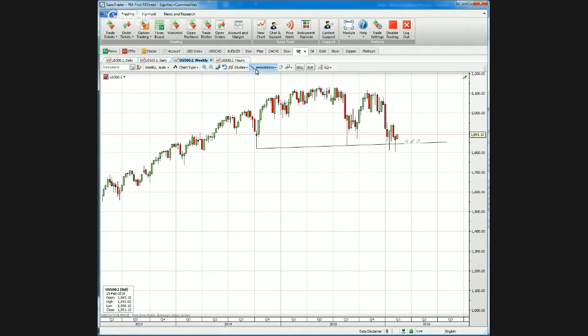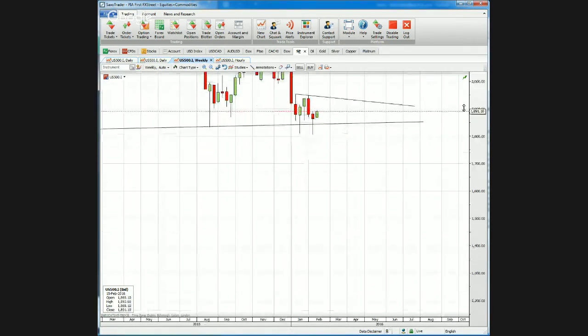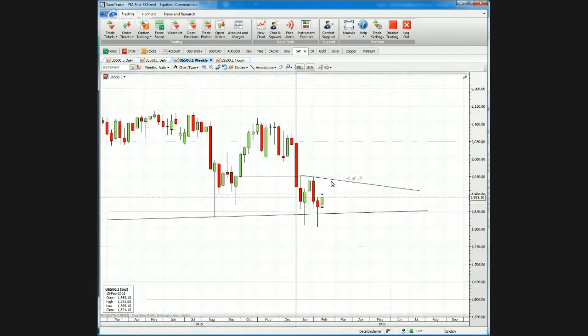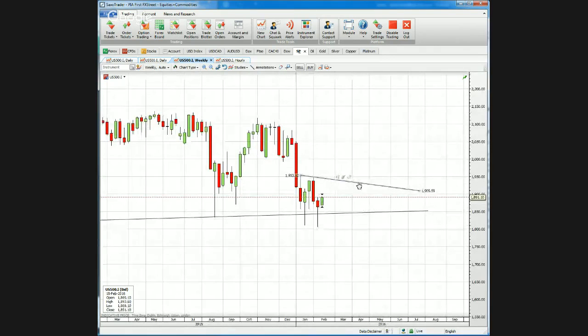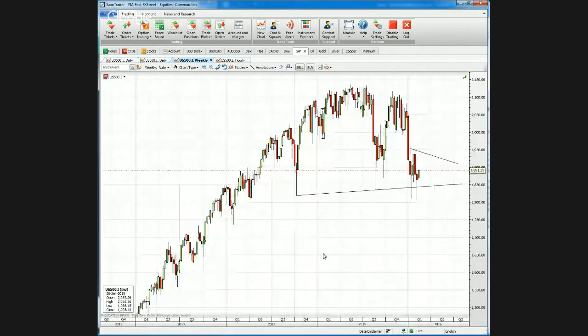That should indicate a decent pullback. This isn't a trend line, this is just 2 points joined together. We get stalled around this area along this trend line, and a reversal candle will signify that we'll be attacking this trend line. But again, very vague, not really a clear picture on the S&P.